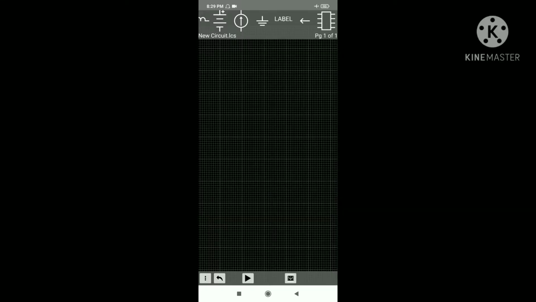Now we will see the same circuit and measure the currents in individual resistors or individual branches using Circuit Safari. We all know that Circuit Safari is Android based, therefore you can easily download it on a mobile and use it.